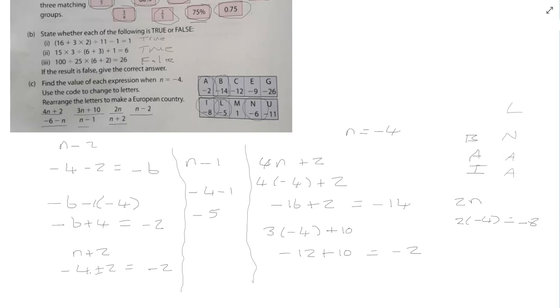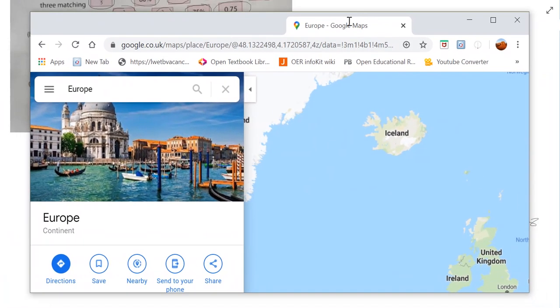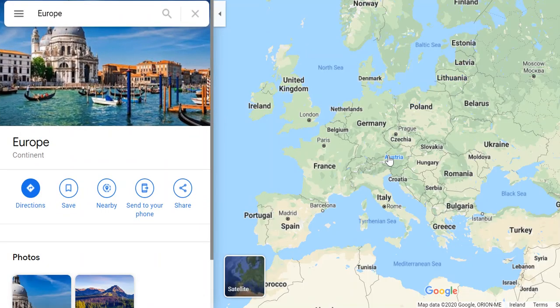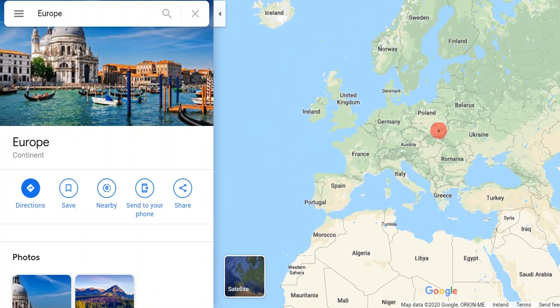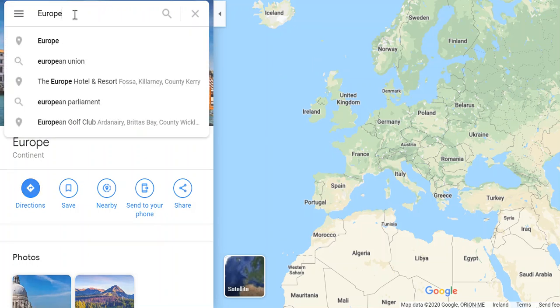What European countries do we have that have those letters? I would say, let's check for Albania.